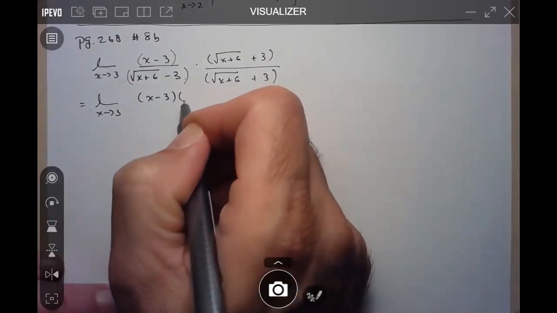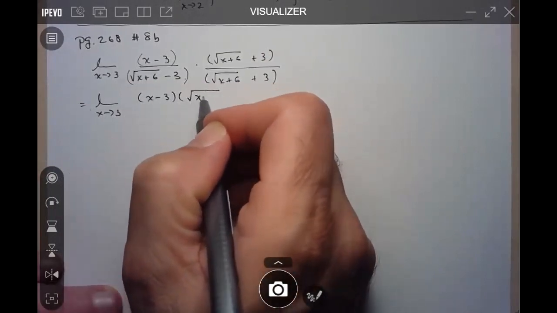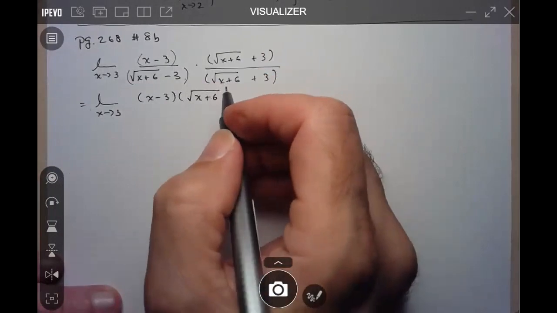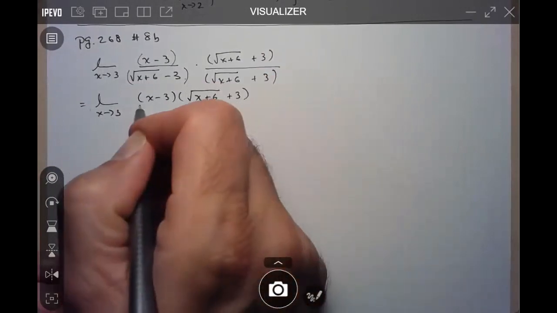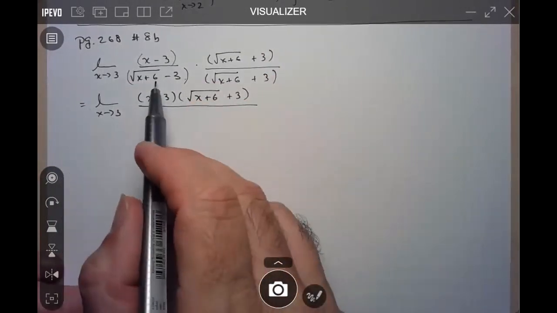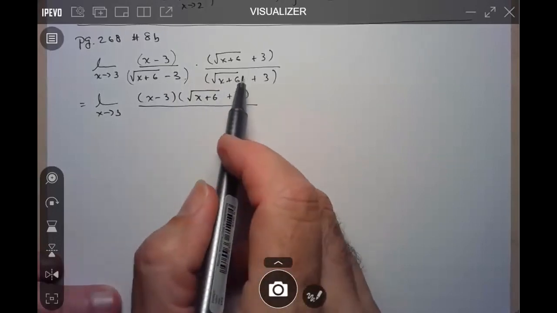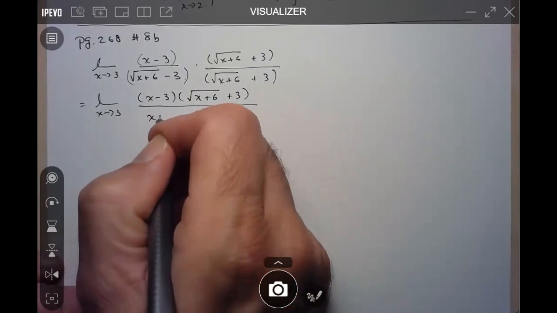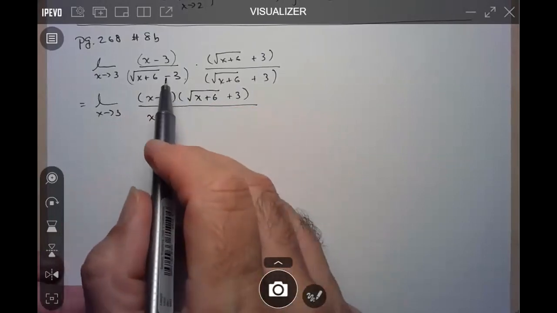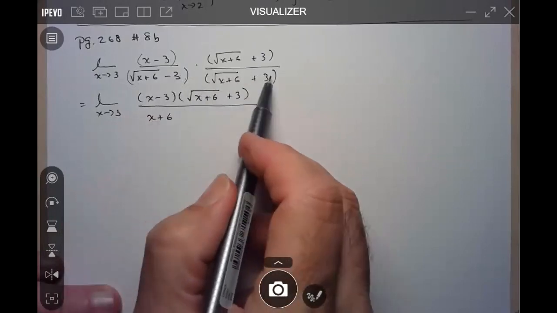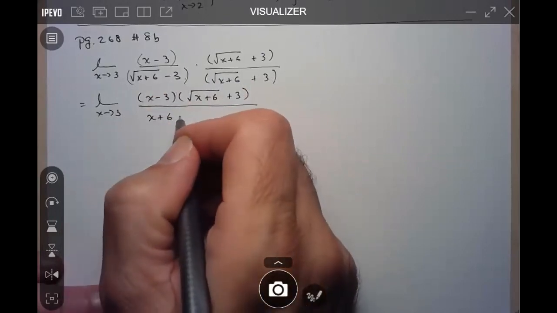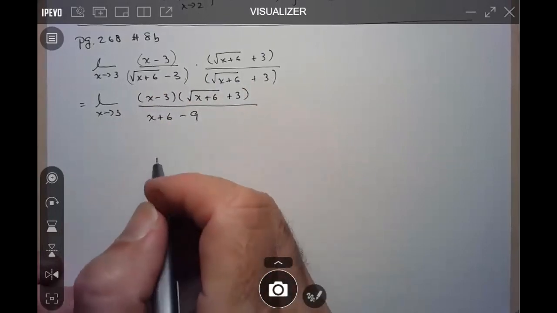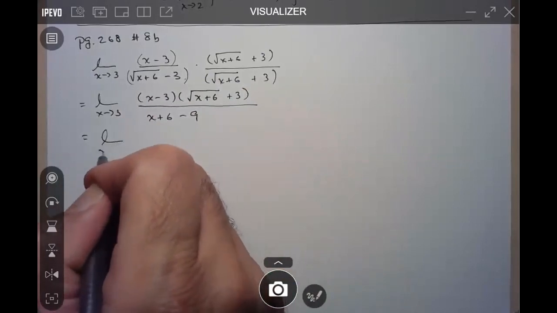In fact, you should already have an idea of what you hope is going to cancel out at some point. Here, this produces a difference of squares. So it's the first term squared, x plus 6, minus the second term squared, so that's going to be minus 9. And now let's see where this takes us.